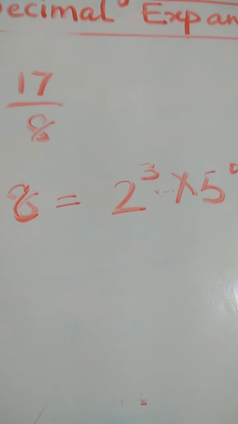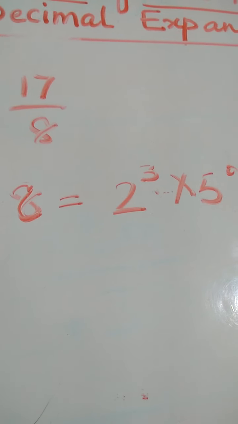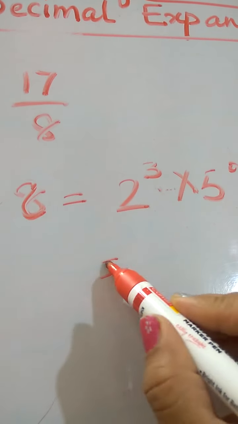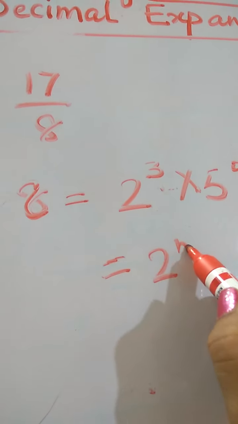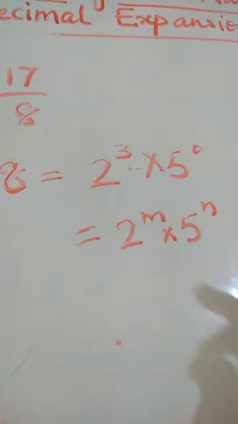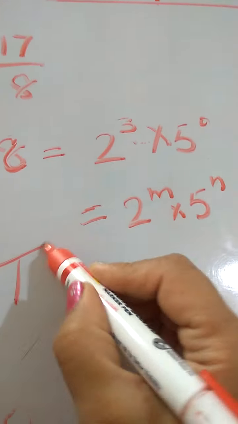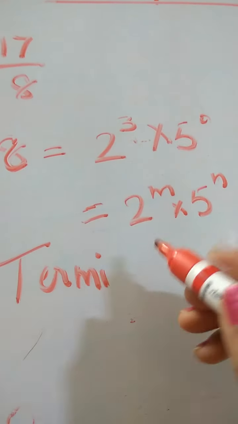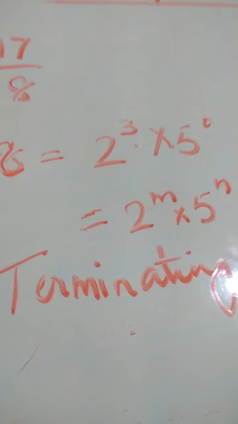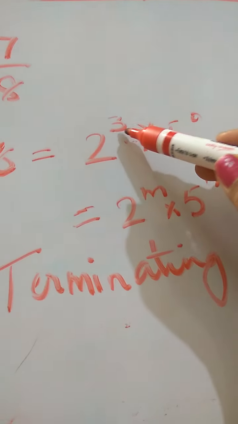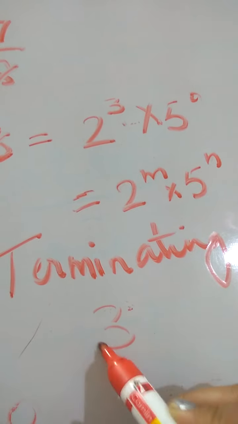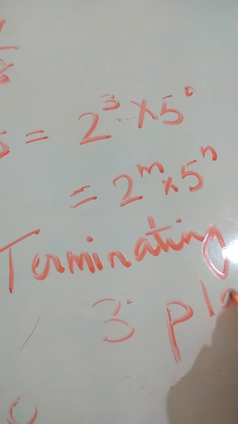Anything raised to the power 0 is 1. Thus this can be expressed in the form of 2 to the power m and 5 to the power n. So yes, this will have a terminating decimal expansion. And here 3 is the greater exponent, so it will terminate after 3 places of decimals.